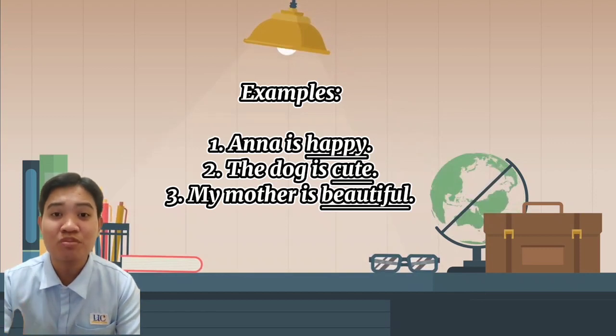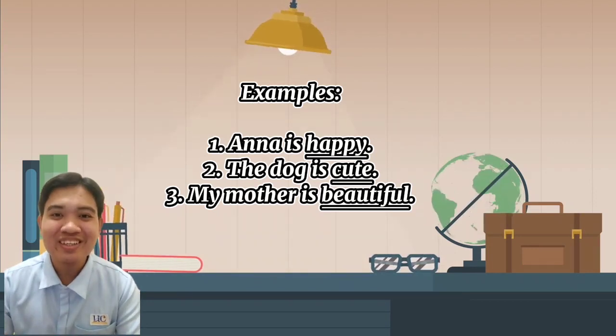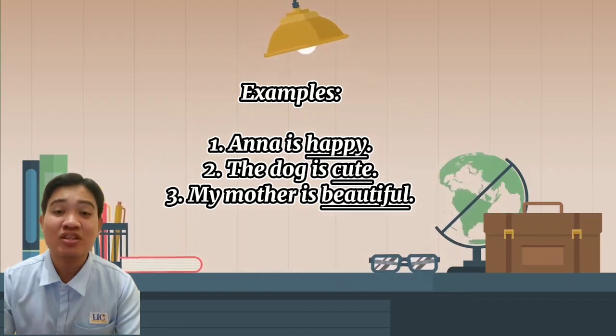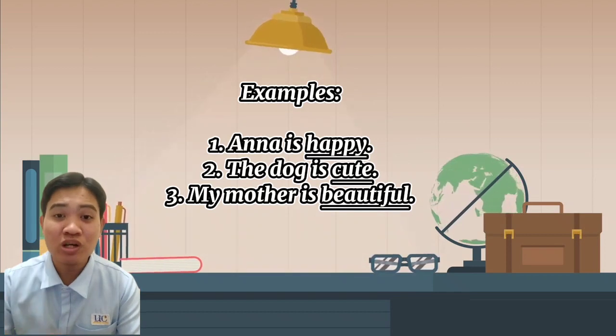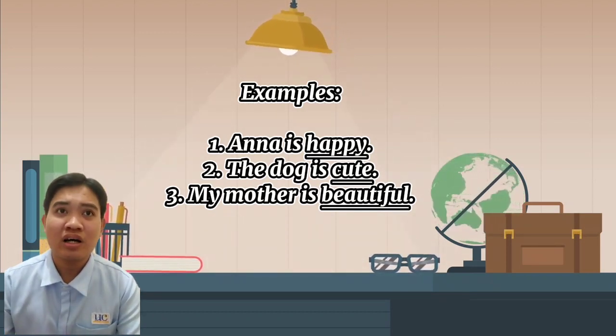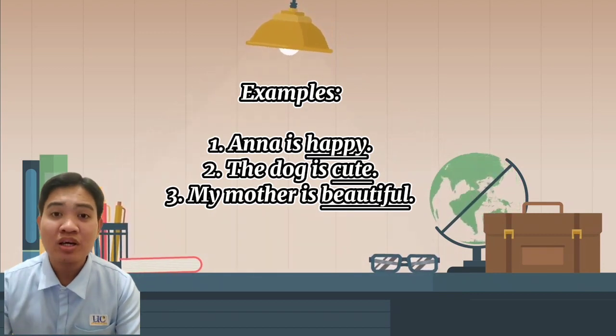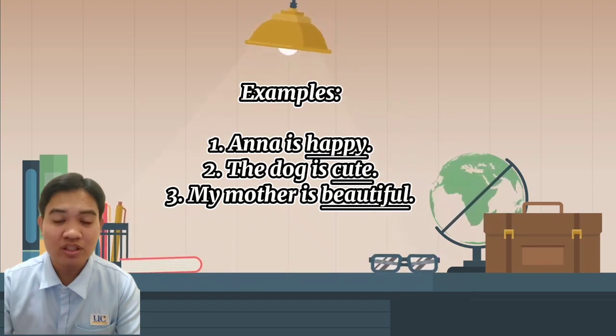Therefore, the word happy is only in positive or absolute form. Second: the dog is cute. The same, the word cute here is only in positive or absolute form because there's only one subject in the sentence and only one to describe. There's no need to compare two subjects.